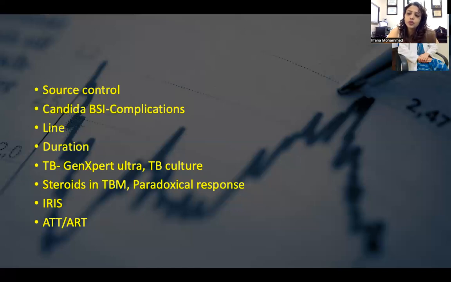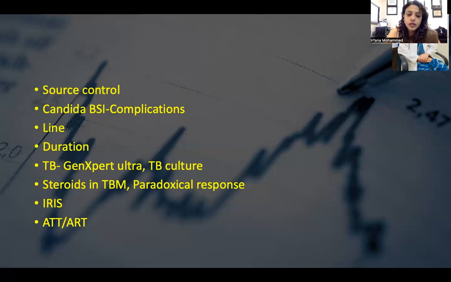So the tapering of steroids should depend on patient to patient. You have to clinically monitor the patient at every visit and maybe try to go back to the previous dose of steroid if the patient is worsening clinically.